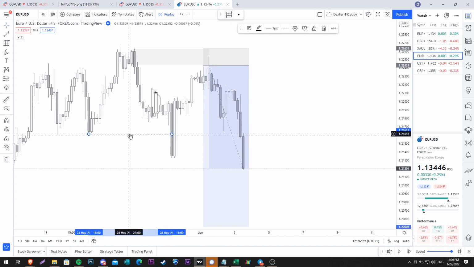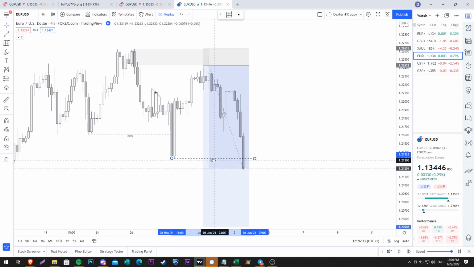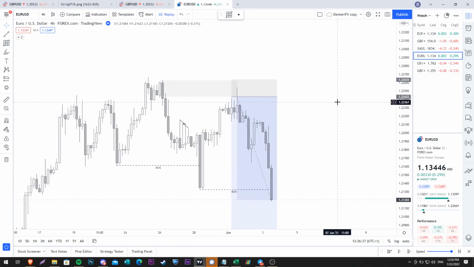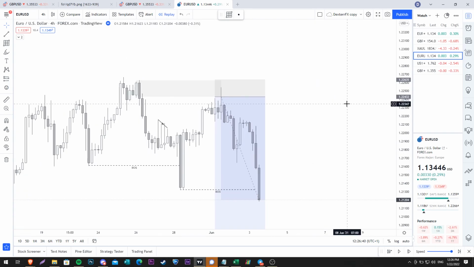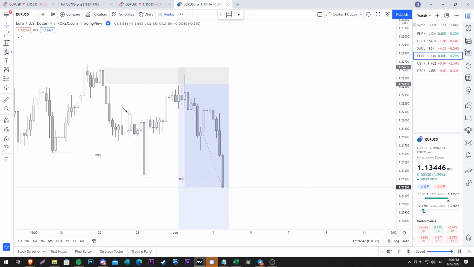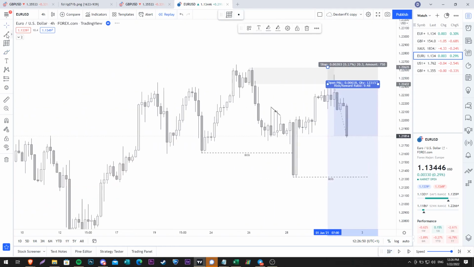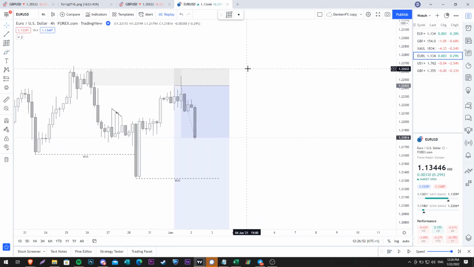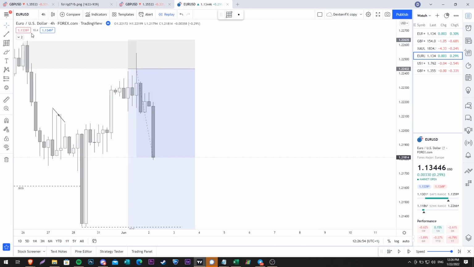Okay, so as I told you in the video, market moves from a liquidity pool to another to rebalance the price. So we will check how the price is balanced or not. And as I told you, the imbalance is a gap between two candles. So for example, if I come back here, here I have my imbalance, which starts here and finishes here.